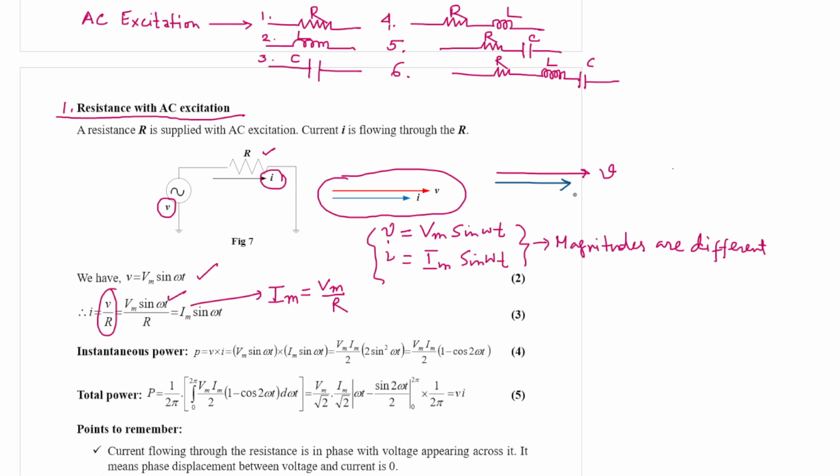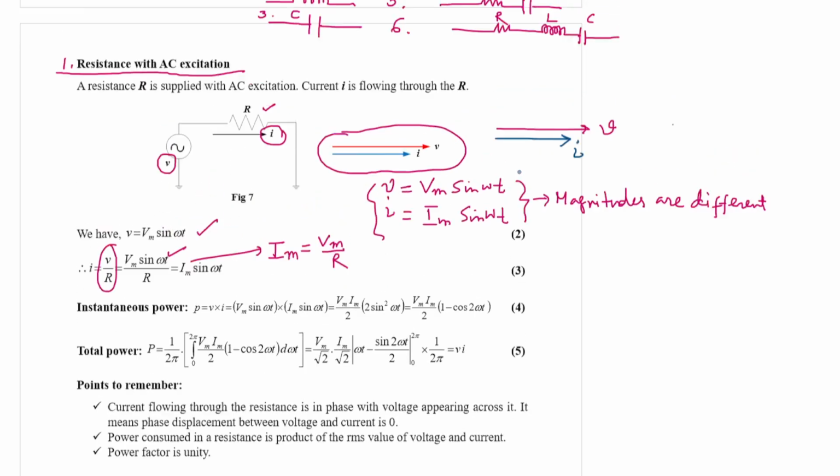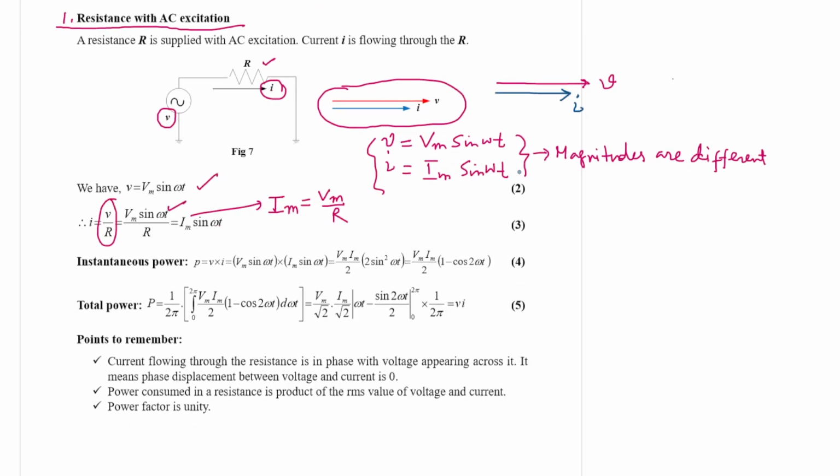Maybe magnitudes are different, however their phases are same because the phase displacement between them is 0. So that is the nature of the resistive network, that is current flowing through the resistor.